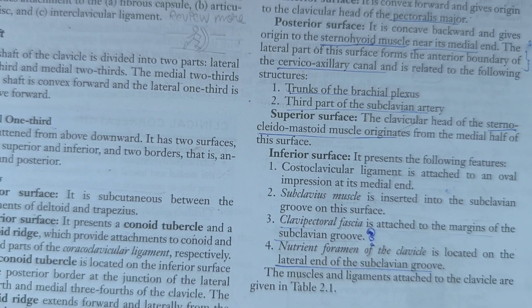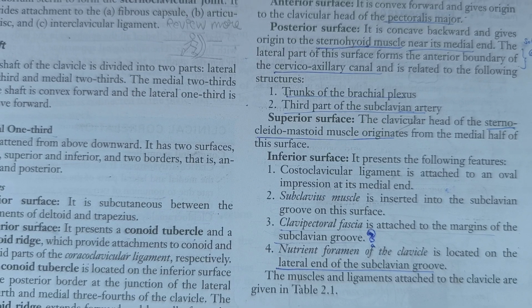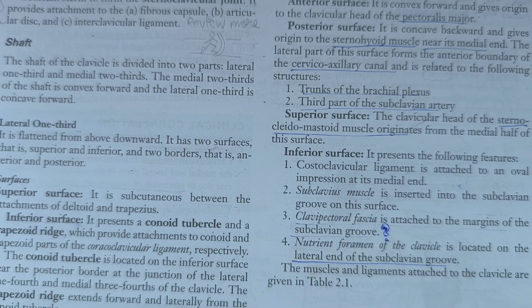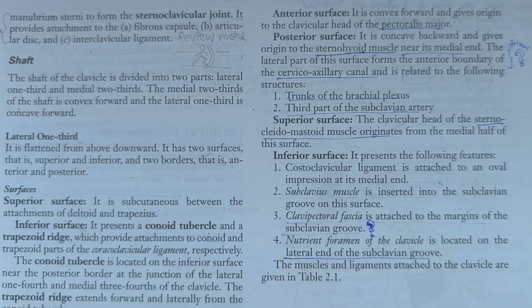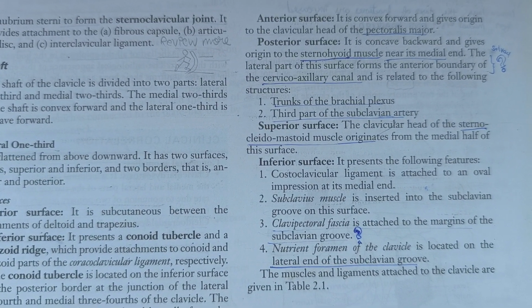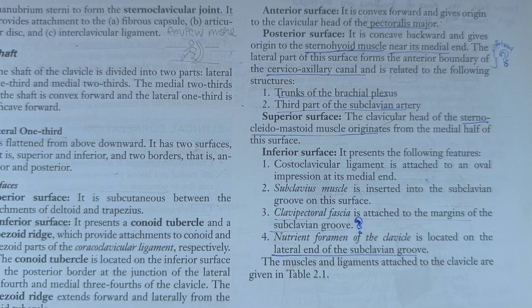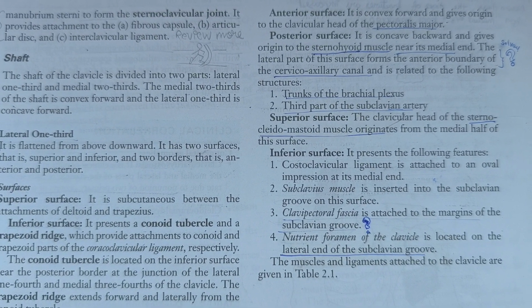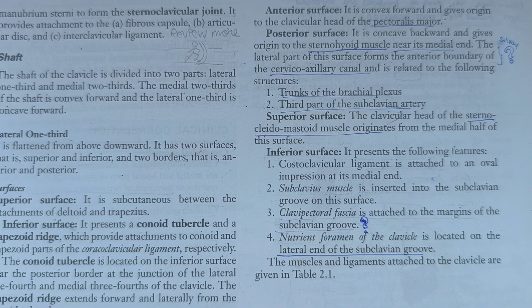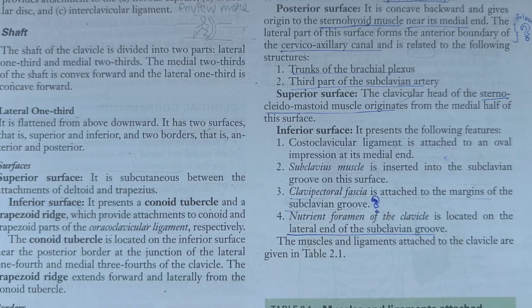The lateral part of this surface forms the anterior border of cervicoaxillary canal and is related to the following structures. So the posterior surface firstly gives origin to sternohyoid muscle medially, and the lateral part of this surface forms the anterior border of cervicoaxillary canal.